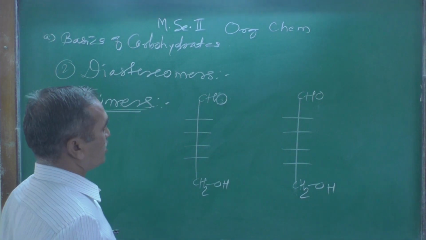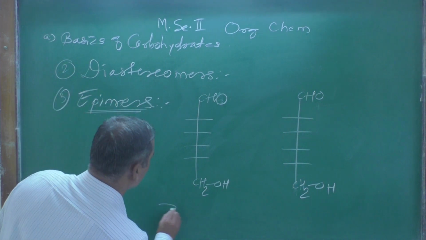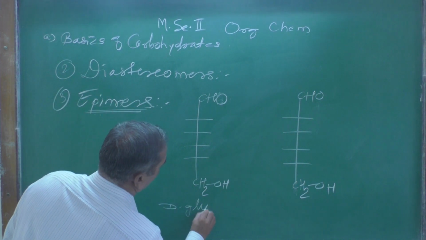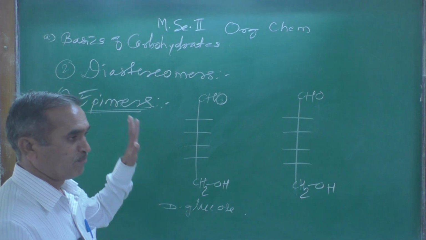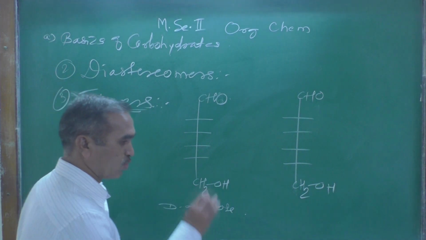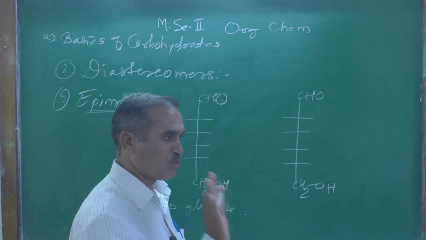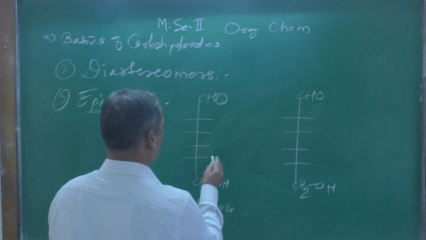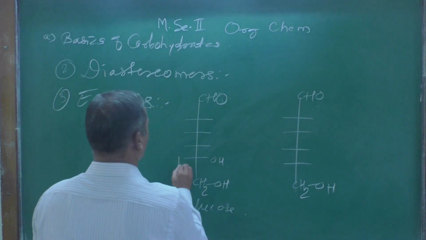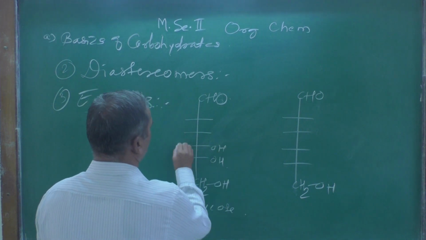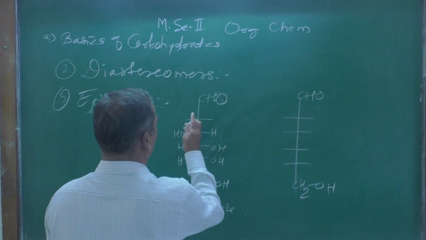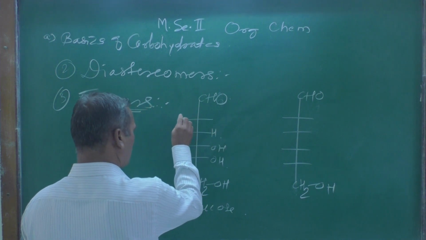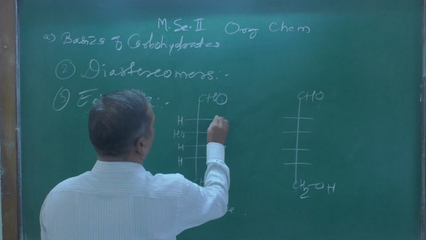Now look here, I am writing D glucose. You are familiar with the structure of D glucose. Here OH, here hydrogen atom, OH, H, then here HO, H, and here H and OH.